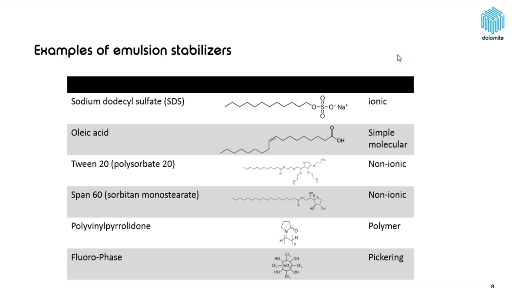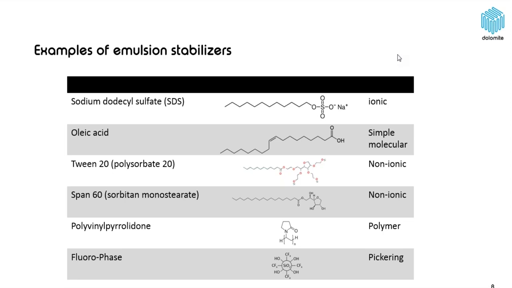Tween and Span are both non-ionic surfactants of the sorbitan class. I'll discuss the comparison between those two a little later because they do come up quite frequently, and sometimes the nomenclature can be a little confusing. So we'll discuss those in a bit more detail.